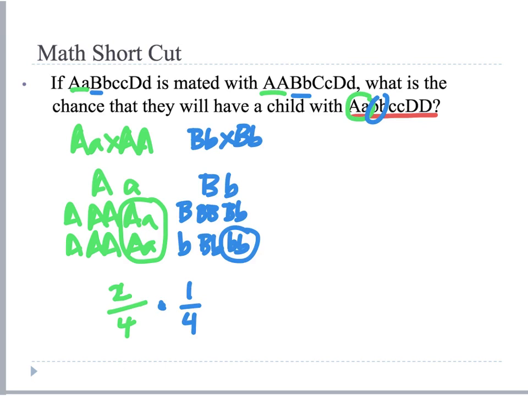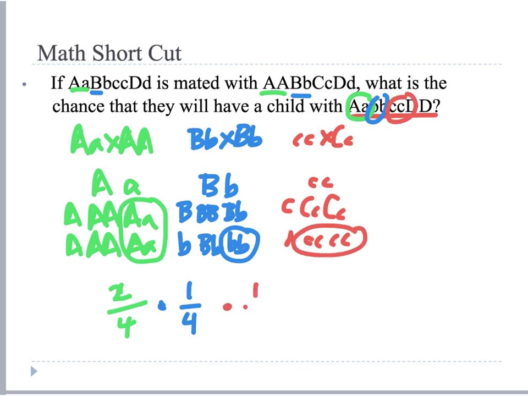I'm going to go to the next one, which is my C trait. That's little c little c times big C, little c. And when I work that out on a square, that's big C, little c, big C, little c, little c, little c, little c, little c. And here is what I'm looking for. So that is going to be 1/2 of the square, or 2/4 of the square.